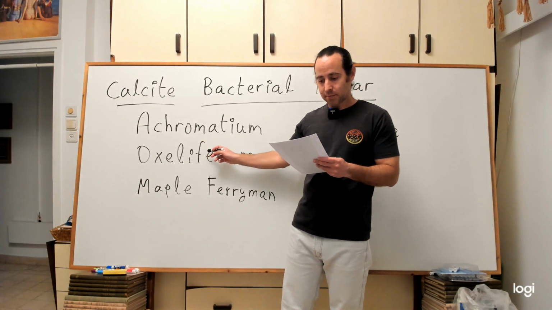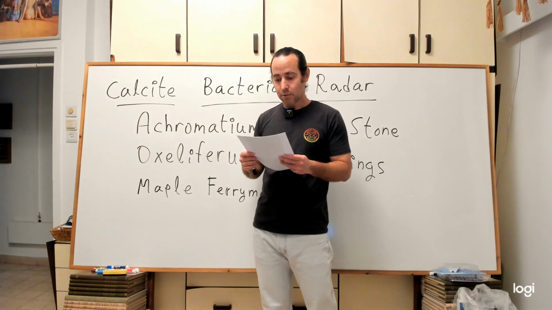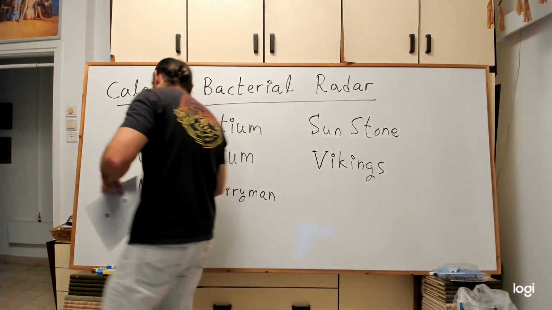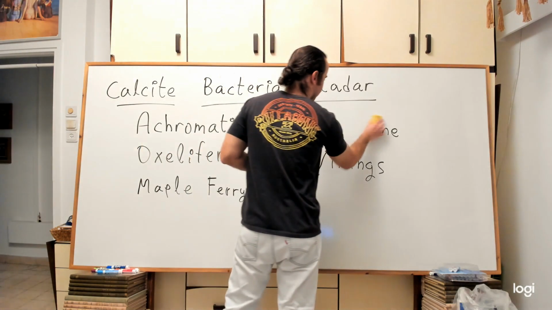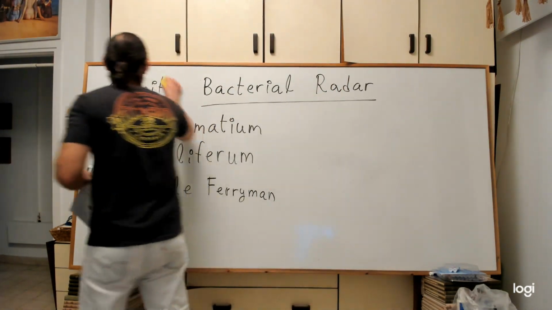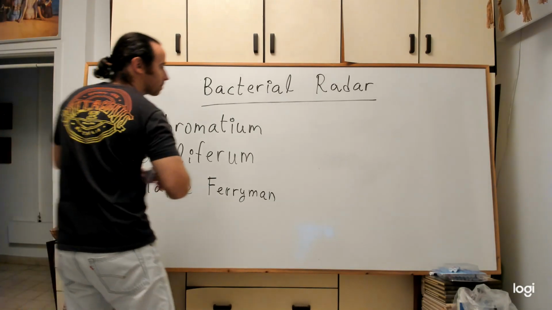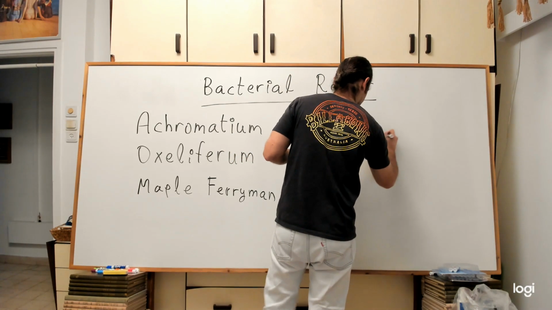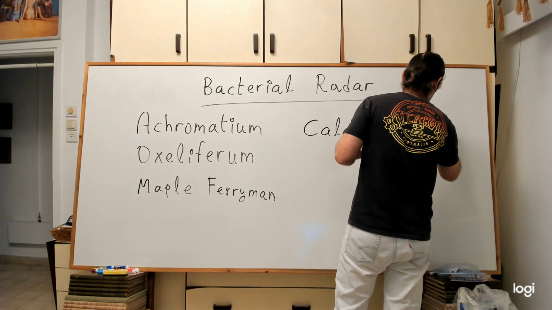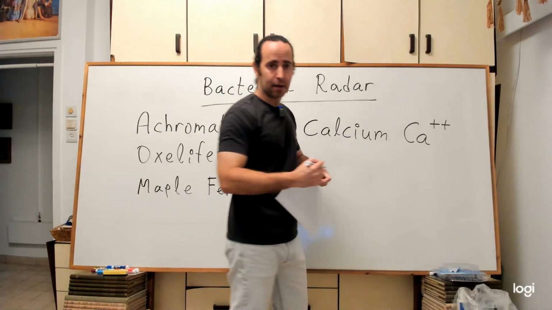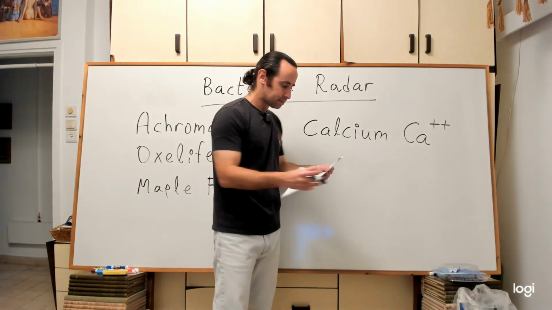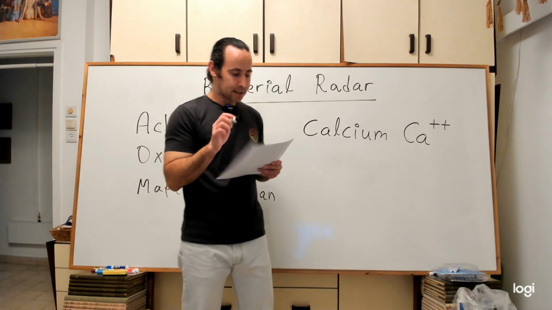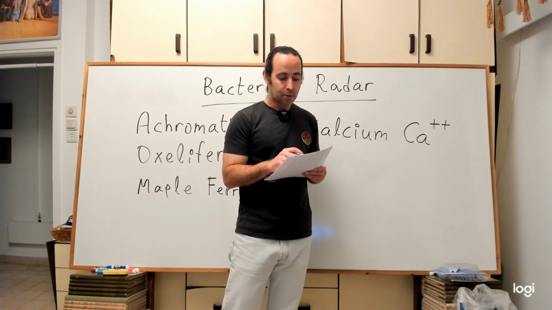Achromatium oxaliferum is the only known bacterium in which calcium, Ca++, this is chemically how you say calcium, is deposited in calcite crystals, crystallized calcium carbonate. No one knows why.